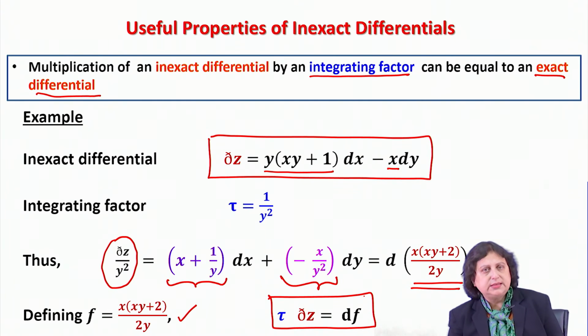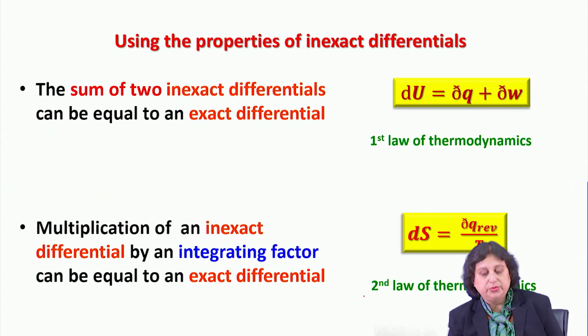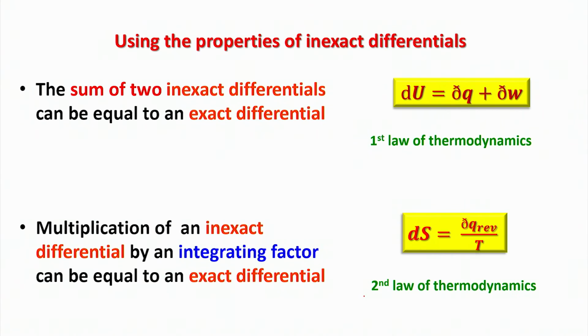Now the question is, in thermodynamics, are these useful? These two results that I have shown to you are indeed useful. That is because the mathematical statements of the two important laws of thermodynamics are actually representations of these two mathematical results. Let us have a look at the first law of thermodynamics.